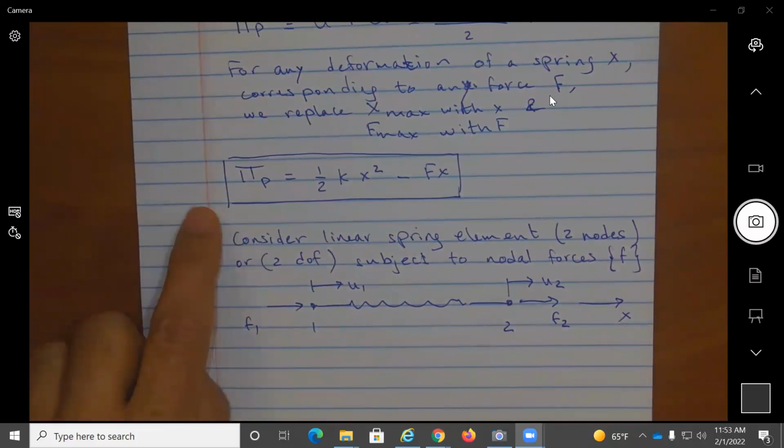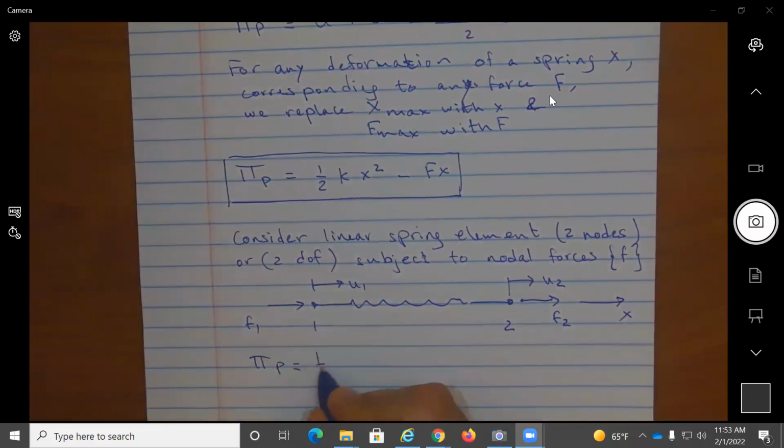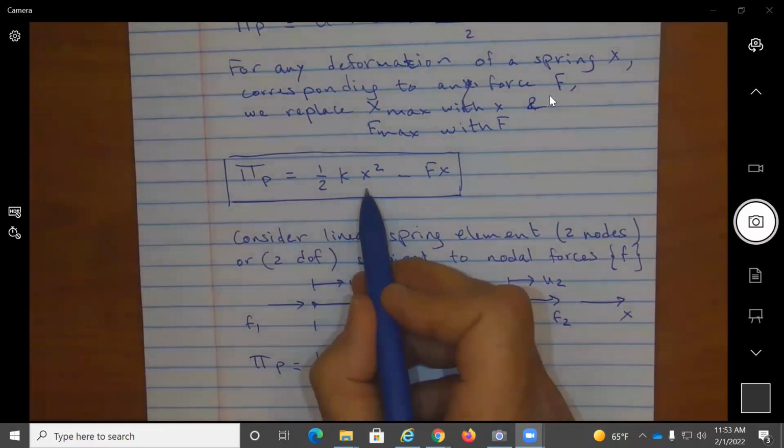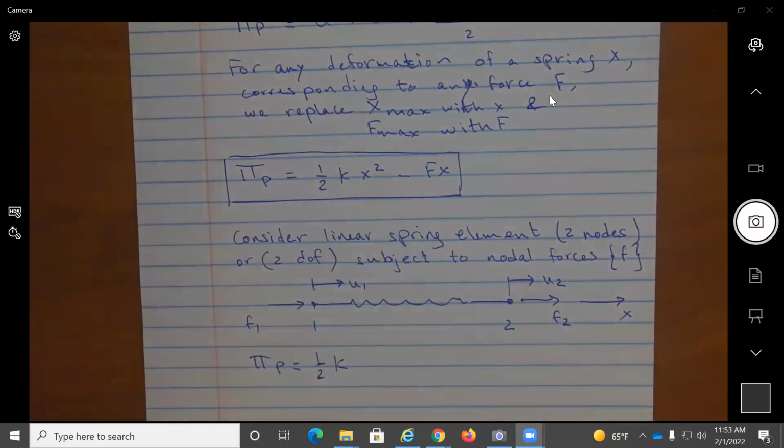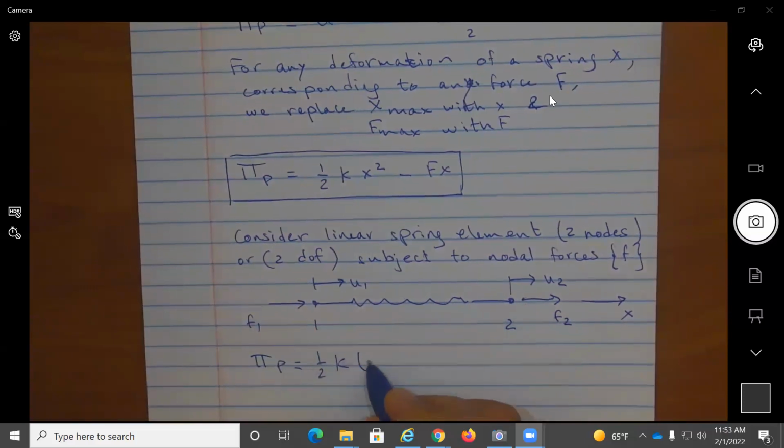I can write my total potential energy expressed as pi p is equal to 1/2 k times delta X. And this may be measured by U2 minus U1. So I have here U2 minus U1 squared. That's the strain energy.